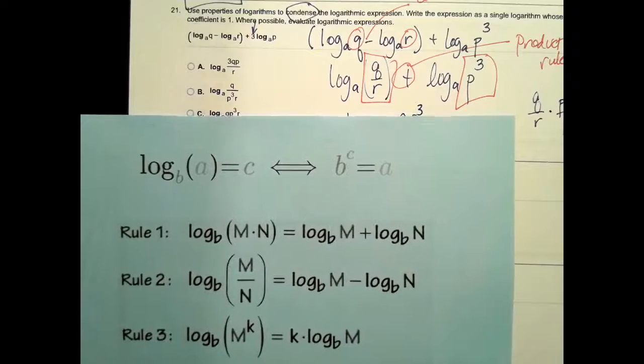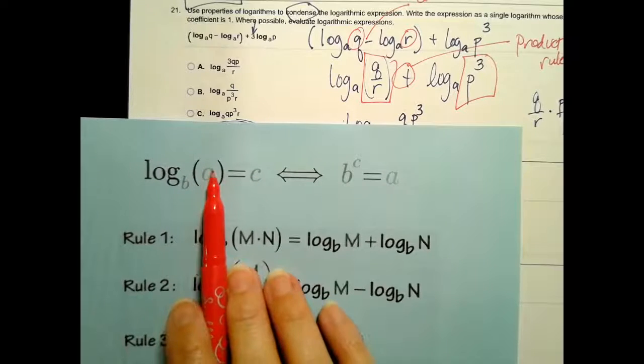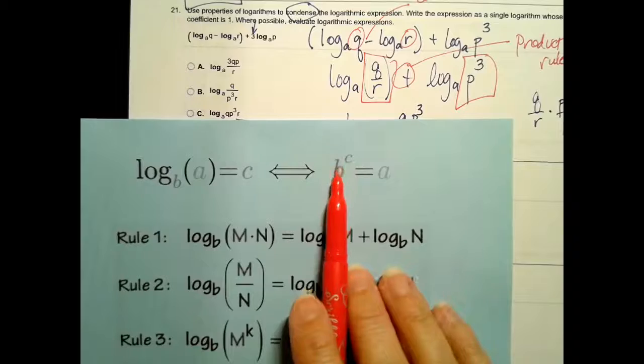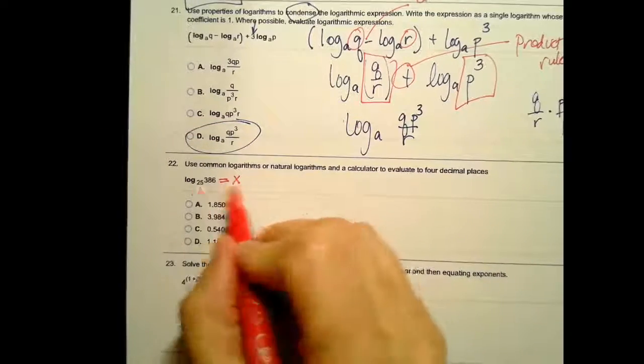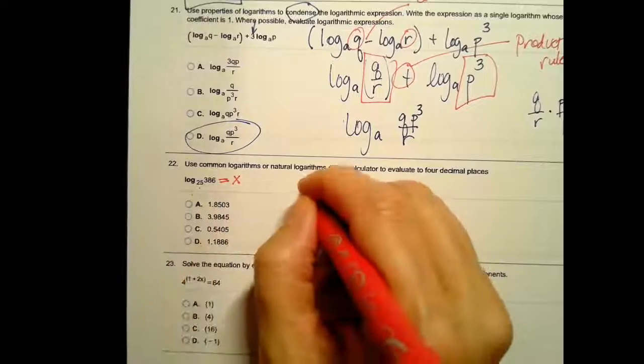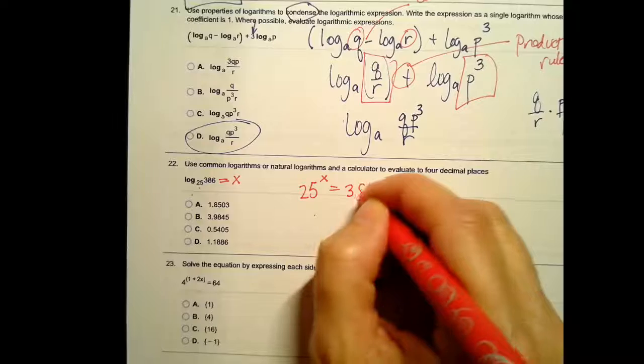Remember, b to the c is equal to a. So if this is true, then b to the c is equal to a.